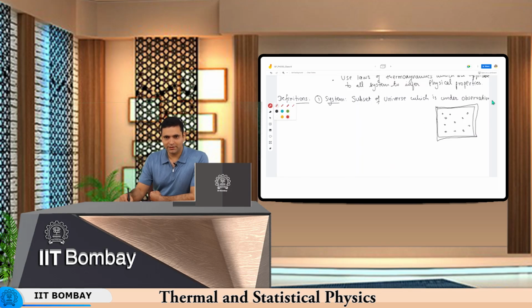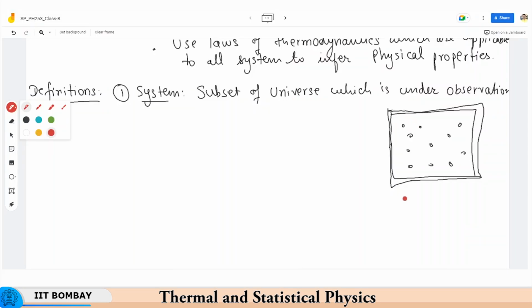So this entire space is the universe, but there is a subset of this universe which we are interested in calculating the properties of, and that is the system. It's fairly simple. Everything that lies inside this wall is known as the system, and everything outside is basically the rest of the universe.